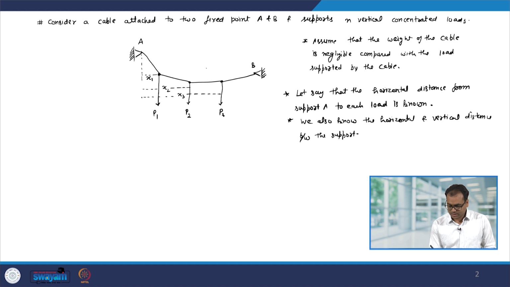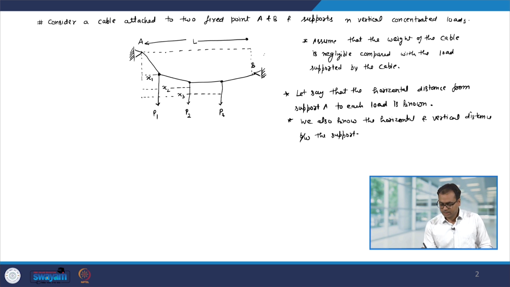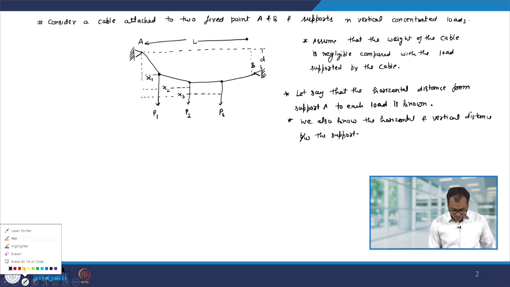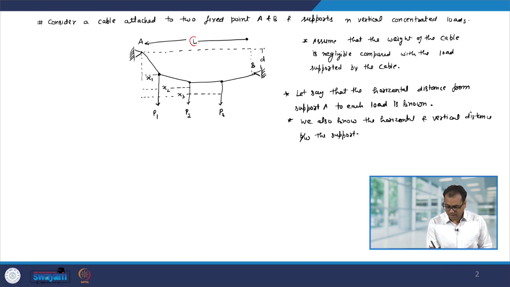So, that means that we know the distance from here to here. This is the horizontal distance. Let us say this is L, and this L is also given in the problem statement. Similarly, its vertical distance D from point A is also given. So, therefore, the knowns are L, x1, x2, x3 and D.